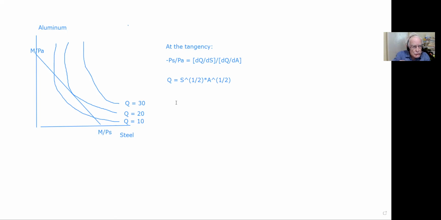Okay, so now let's determine how much steel we wish to buy and how much we can produce with the optimal amount of steel and aluminum.